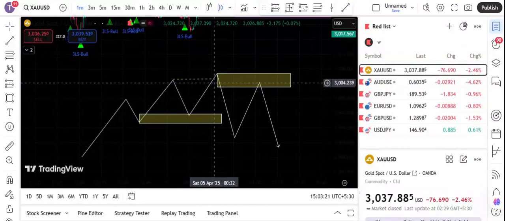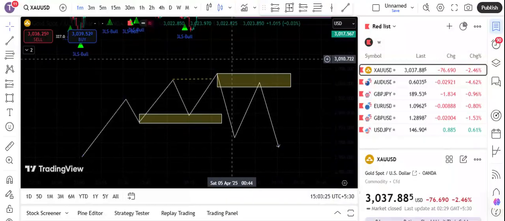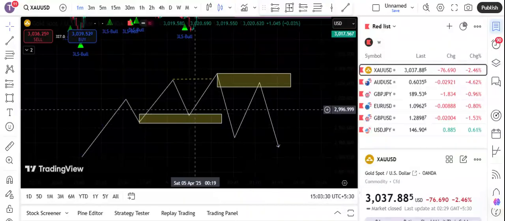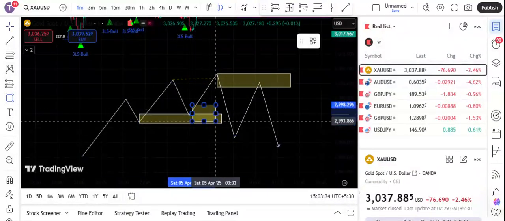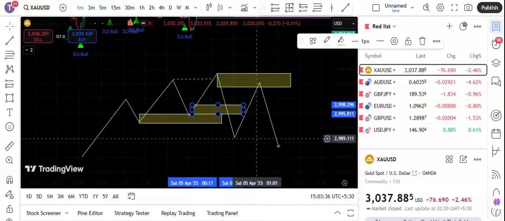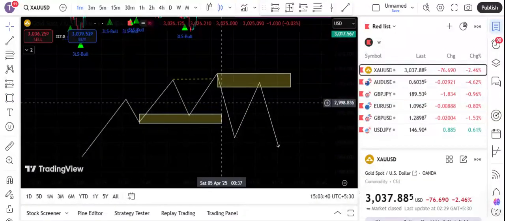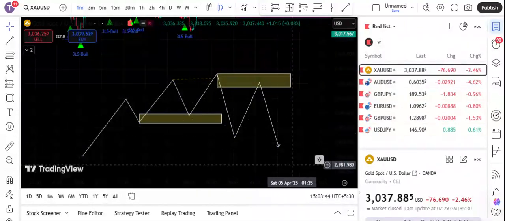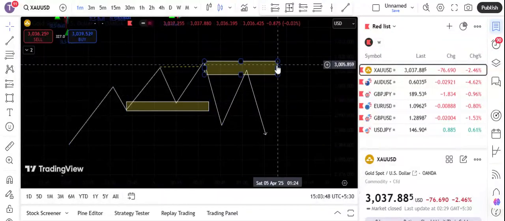So for both of these, it hit their stop loss and went back down. It did not even respect this order block. See, it did not respect that. It went down, and now it started its downtrend. So this is the way the market works.